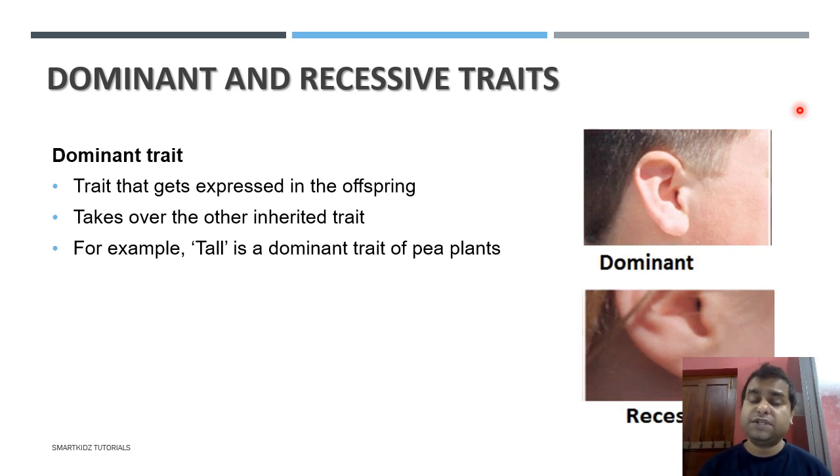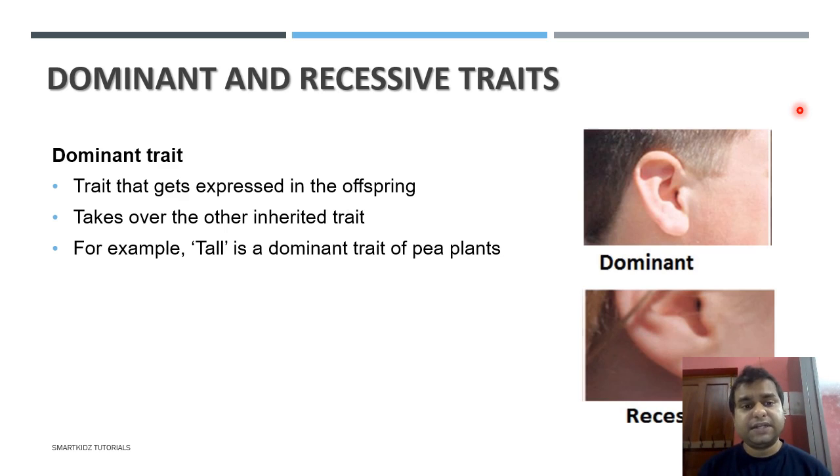But what we noticed was they were all tall plants, which means that the tall plants somehow suppressed the expression or manifestation of the short or dwarf plants, and they could not be expressed, or they could not be seen at all. What was seen were only the tall plants.